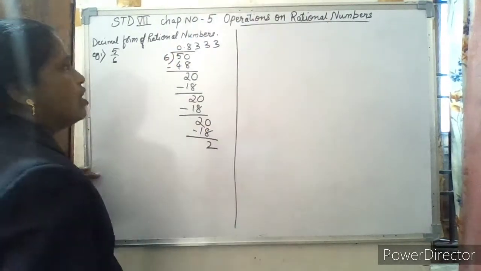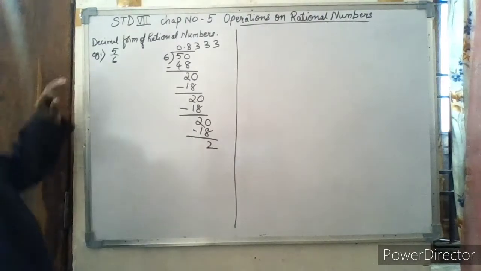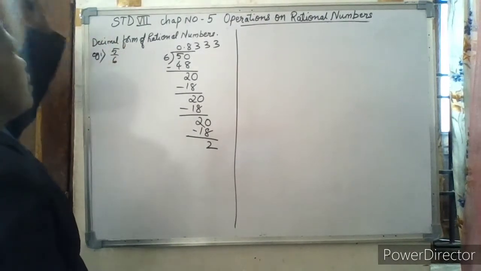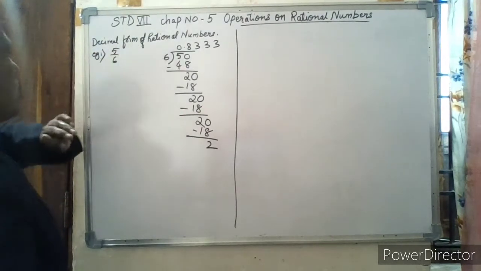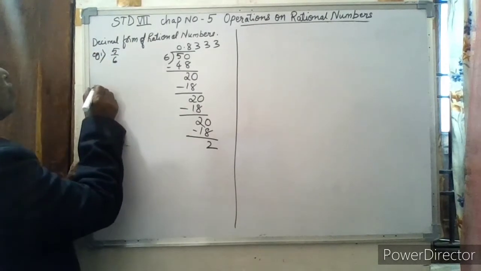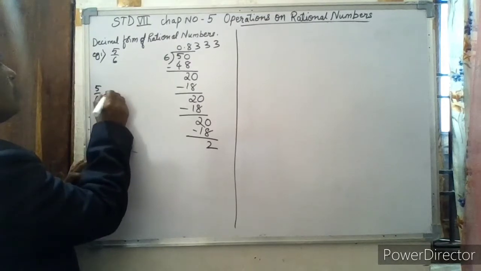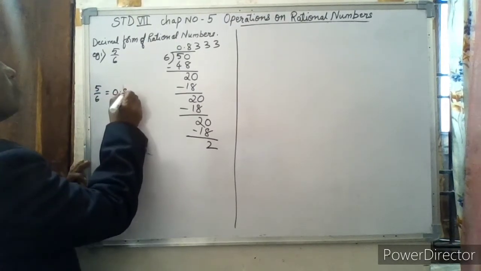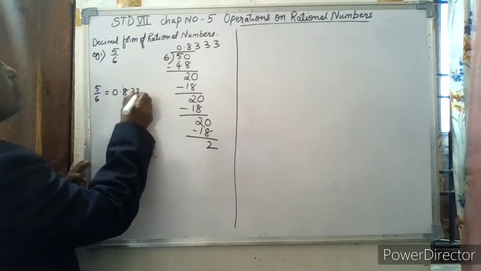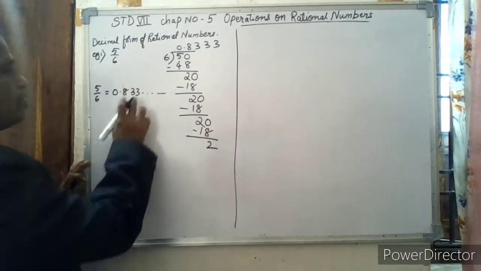0.83333. It is recurring. So this is called as the recurring decimal form of rational number. So this 5 by 6 is equal to 0.8333333. It's recurring.